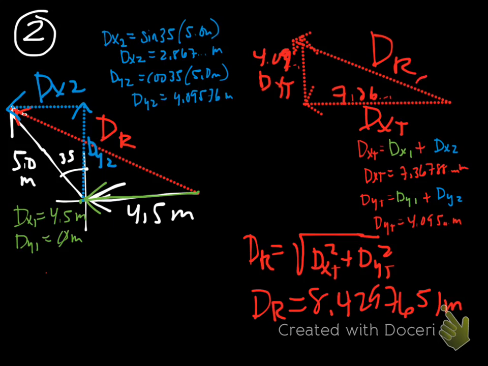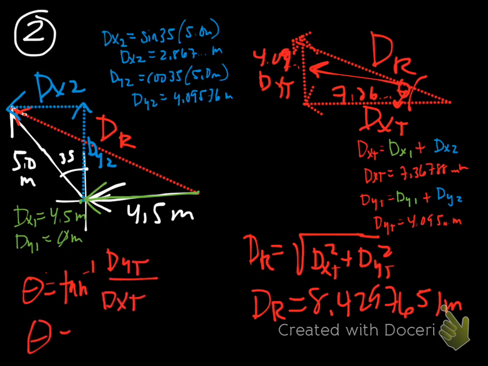And if we want to find this angle, which we do, we can use an inverse tangent function. dy total is our opposite, dx total is our adjacent. Tan minus 1 of dy total over dx total.